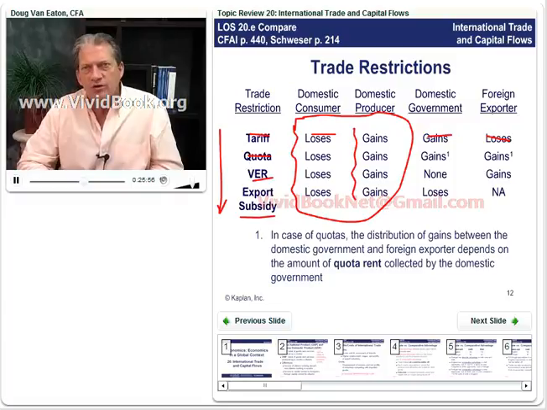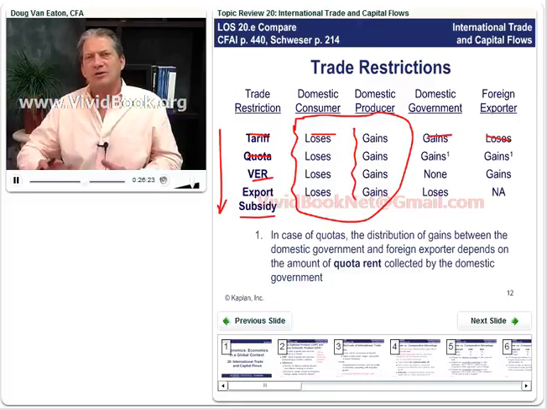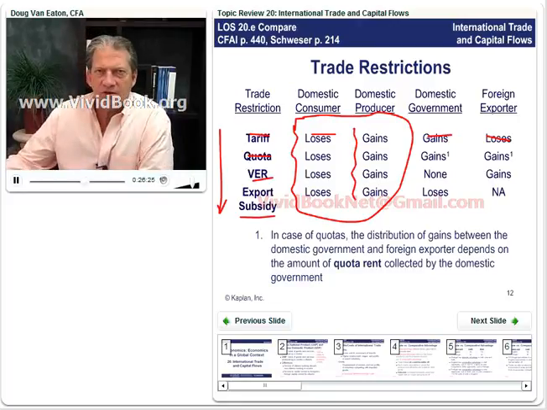With a quota system, we think the foreign exporter gains, and the domestic government might gain with a quota system. But it depends on where the quota rents go. Okay? If they all go to the foreign exporter, then fine. Foreign exporter gains. Okay? If the domestic government is getting something for issuing these quotas, then they could gain. So somewhere in between the two, there must be some gains there somewhere.